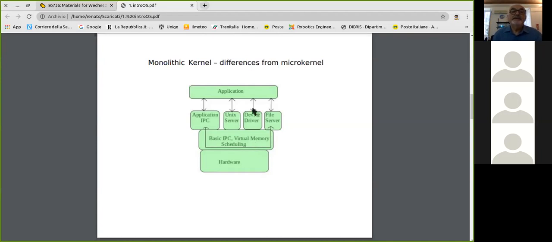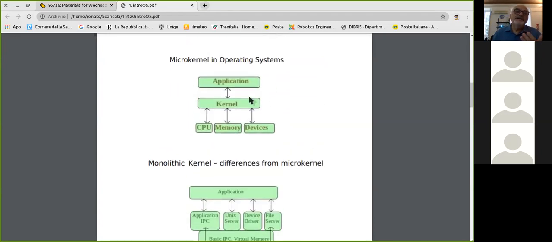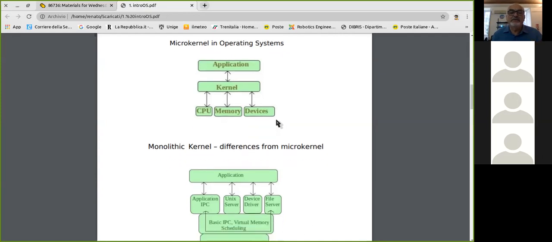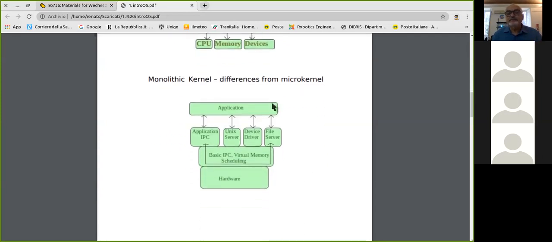And the application asks the kernel for a lot of services. In the microkernel, the application can ask the kernel for a most limited number of services. In the monolithic case, many services are managed directly in kernel space.